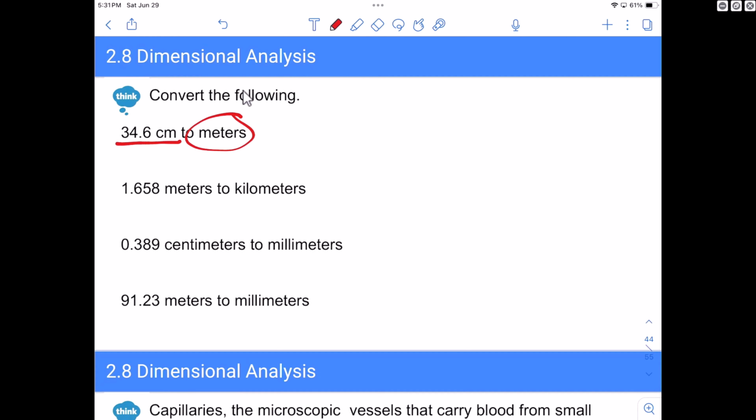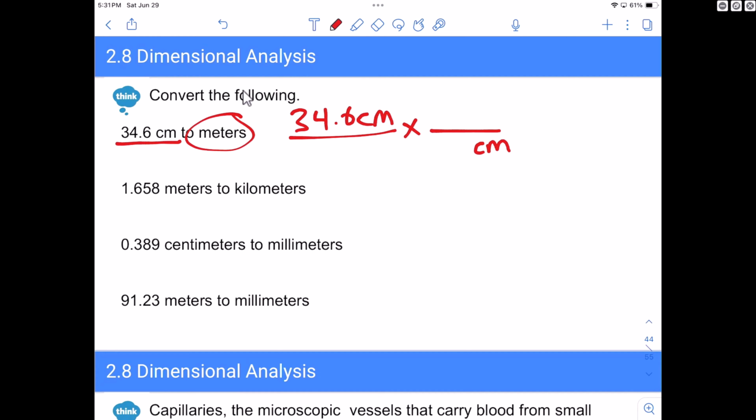So start just like what we talked about. Take the information given in the problem, 34.6 centimeters, and put it over a fraction, just like what I've done here. Remember, whatever unit is on top of the first step goes on the bottom of the next step. And it's asking us to go from centimeters to meters. So I want us to take a look at our chart. We do have a conversion between centimeters and meters.